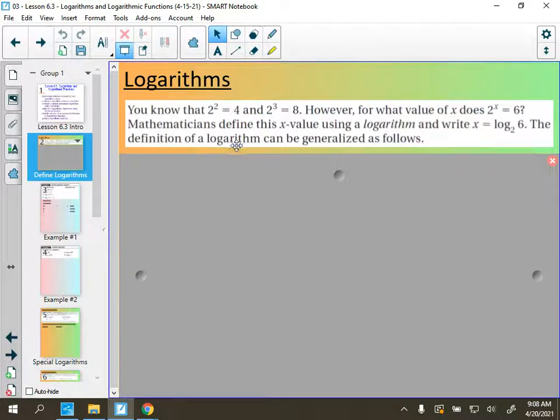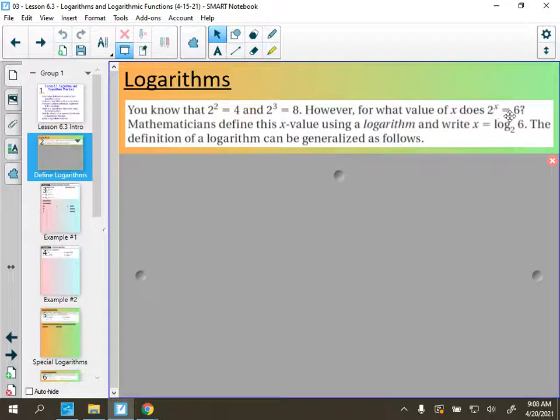So where do logarithms come from? Basically, logarithms define this situation of having an unknown exponent, as that x value is equal to the log, you would say, log base 2 of 6. All right. So that's a very specific case, but essentially these are equivalent.